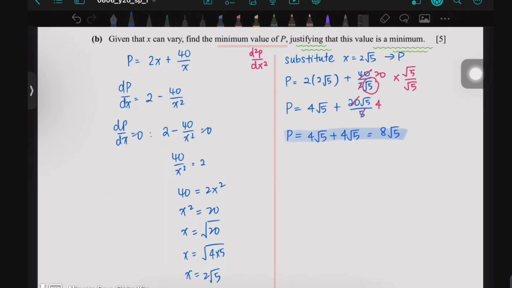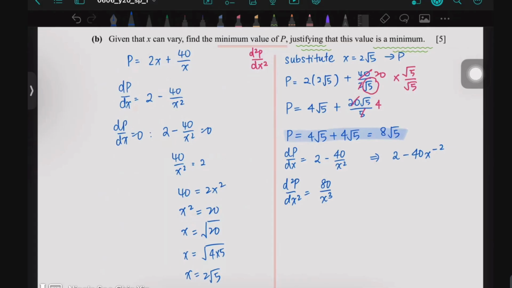Okay, now my dp over dx, first derivative, is 2 minus 40 over x squared. So my second derivative, d2p over dx squared, you will get as 80 over x cubed. If you don't know how to do it, you do it this way: 2 minus 40 x to the power negative 2.